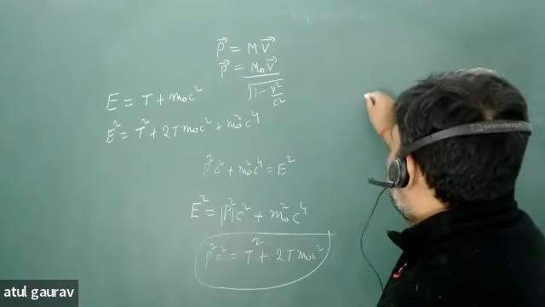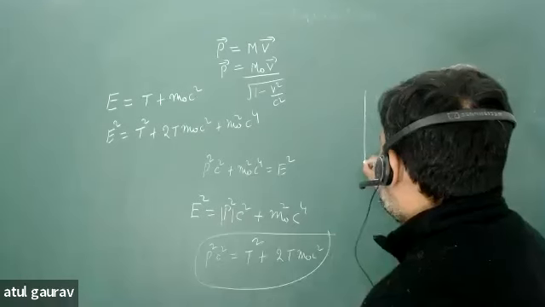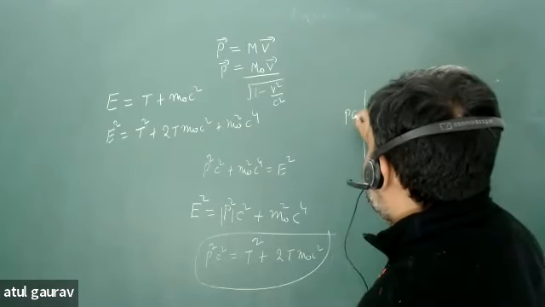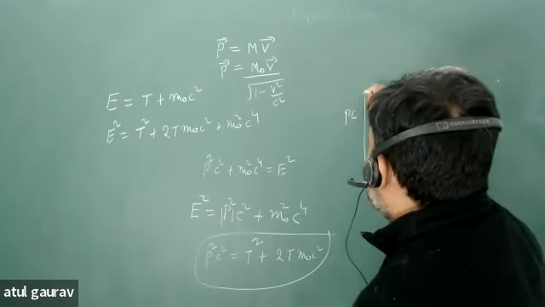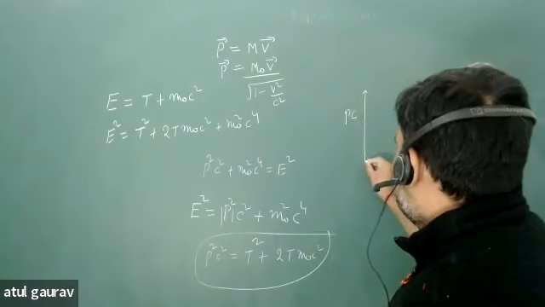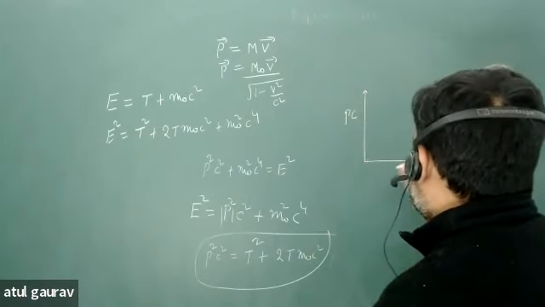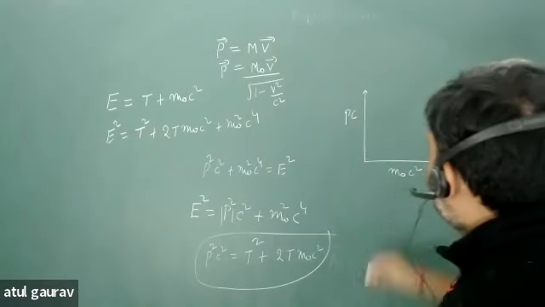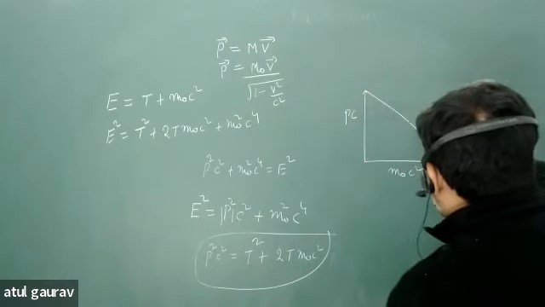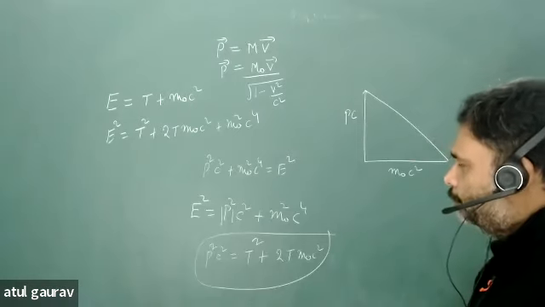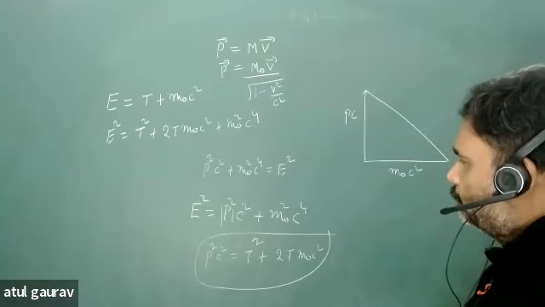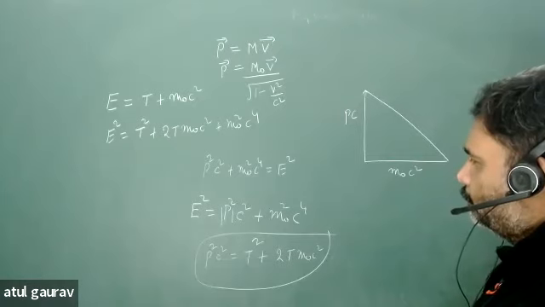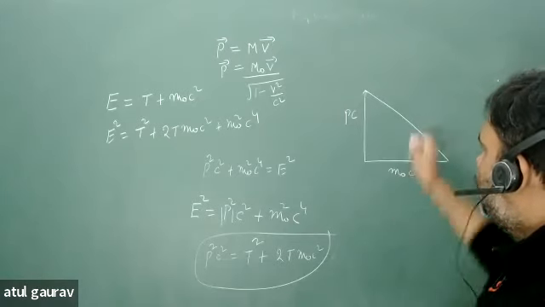So let's try to go for this particular expression. Now, if I am going to write PC on the vertical axis and on the horizontal axis I am writing m naught c square, then isn't this something like Pythagoras law? So what is this particular thing?